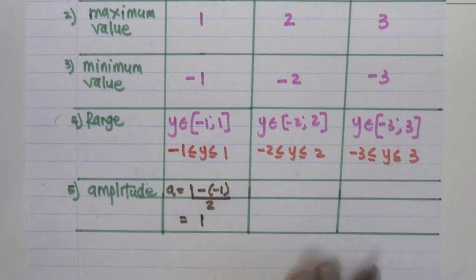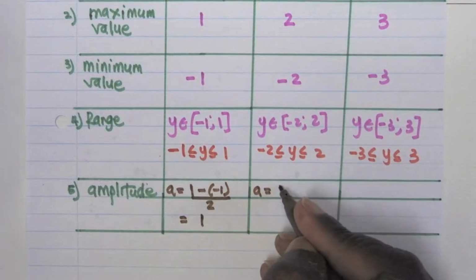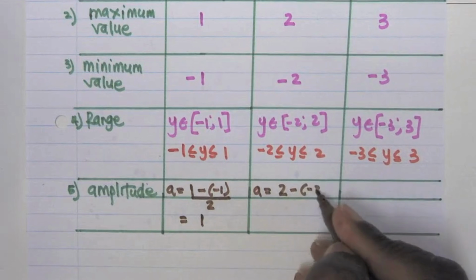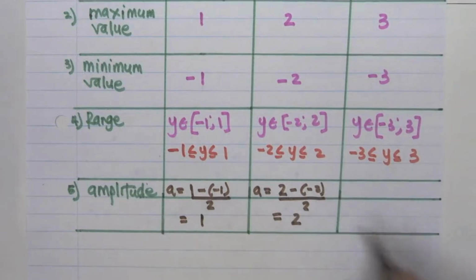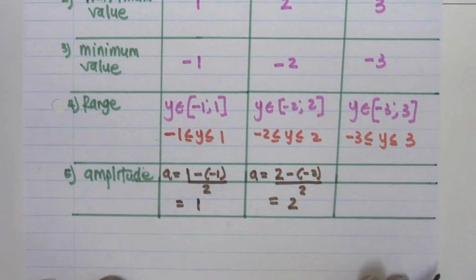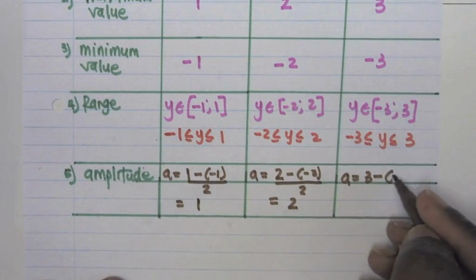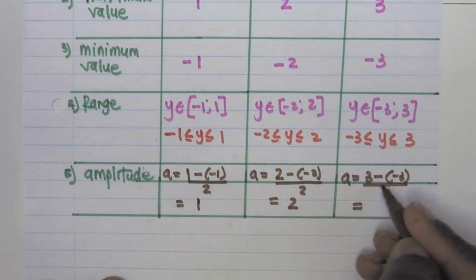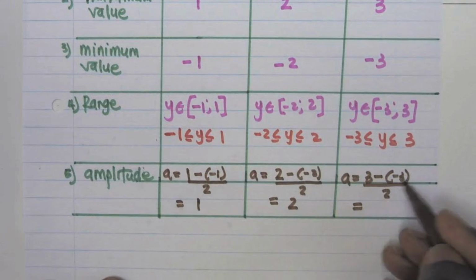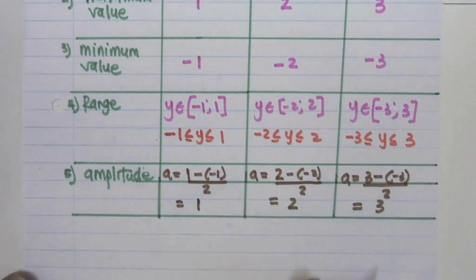And for this one here, it's going to be maximum minus minimum divided by 2, and my answer is going to be 2. And the last one, the amplitude is going to be maximum minus minimum divided by 2, and the answer is going to be 6 over 2, which gives me an answer of 3.